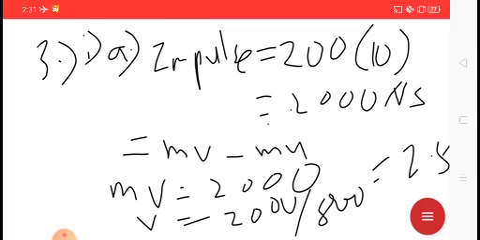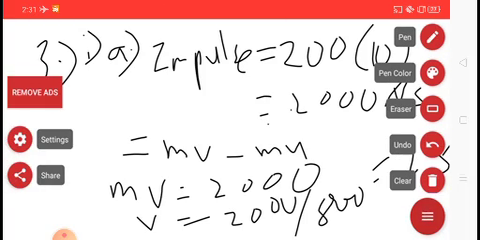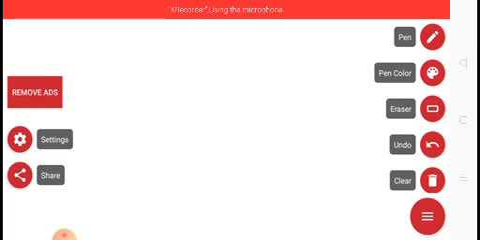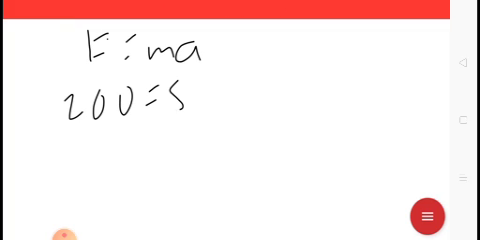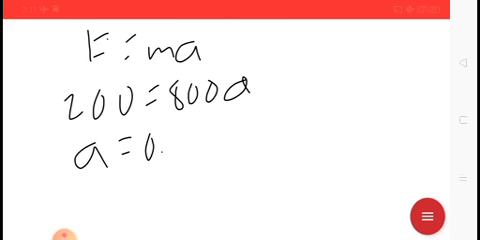So this is by using impulse. Now part B asks you to use Newton's second law. F equals ma. So 200 will be equal to 800 a, so a will be equal to 0.25.